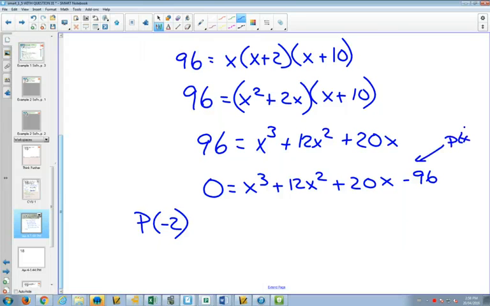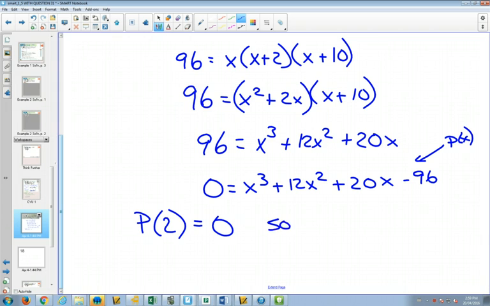If I call this p of x, if I plug in 2, it's equal to 0. 8 plus 48 is 56, plus 40 is 96, minus 96 is 0.